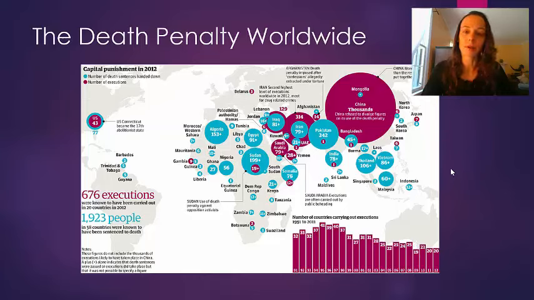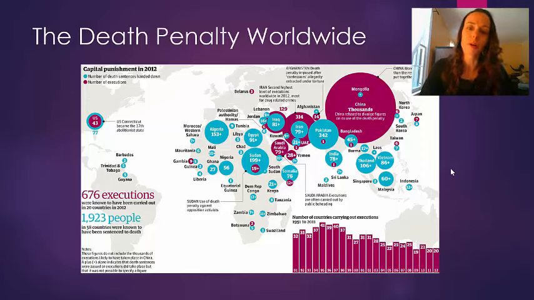One thing that I want to point out that you might notice on this map is that the United States and some of the Caribbean islands are the only locations in the Western Hemisphere, North America area that still have the death penalty. In the rest of the world, we have lots of locations in Africa and Asia, and one country in Europe, Belarus.